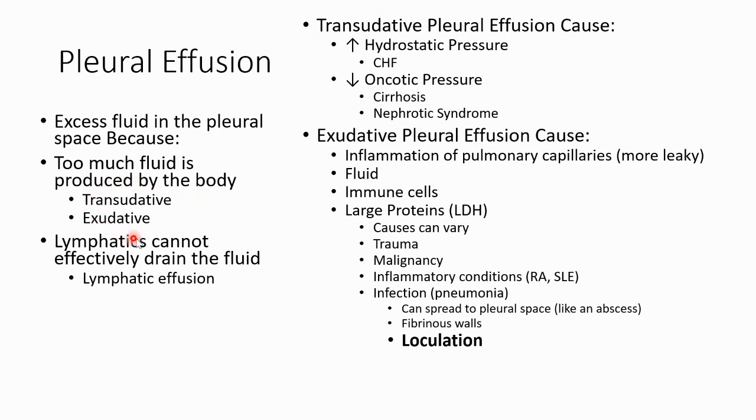And two things we're going to really focus on here is that when we take a look at that pleural fluid, is it a transudative fluid or an exudative fluid? Because this assists in the diagnosis as far as what caused the pleural effusion. Or lymphatics, like I said, can't drain effectively, and so that interstitial fluid accumulates in that space.